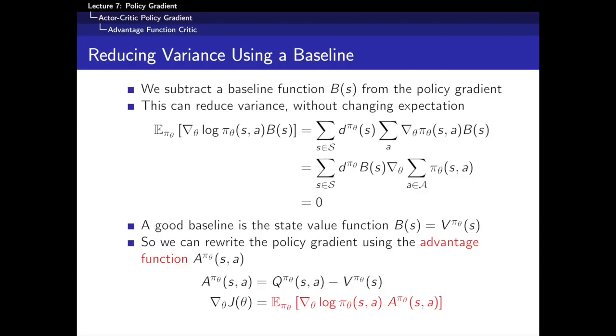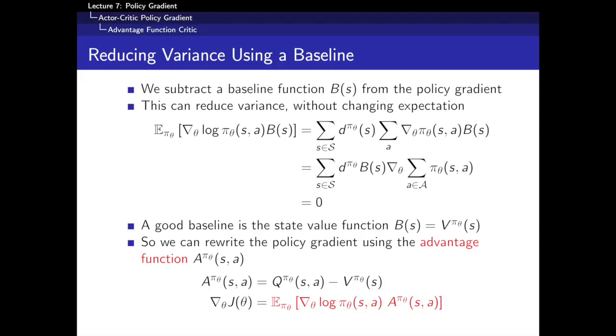But now this result tells us that we can add or subtract anything we want from this q, as long as that thing is just a function of state and not a function of action, so as to control the variance of this whole term. We want this expectation to be low variance, but we don't want to change the direction of ascent. And there's a particularly nice choice that we can pick for this, which is going to have some nice consequences for us.